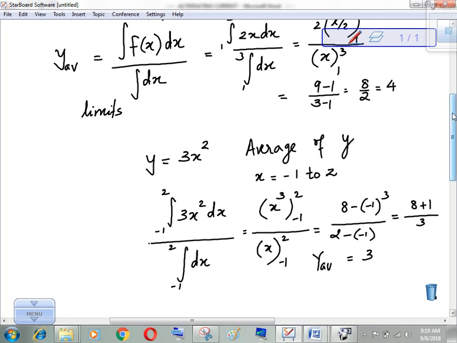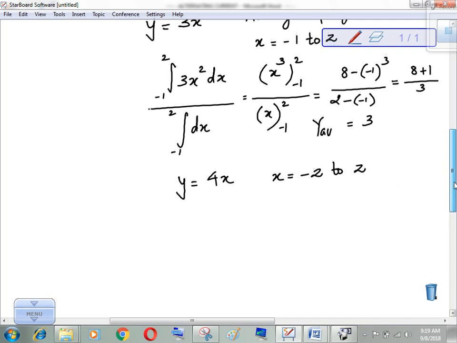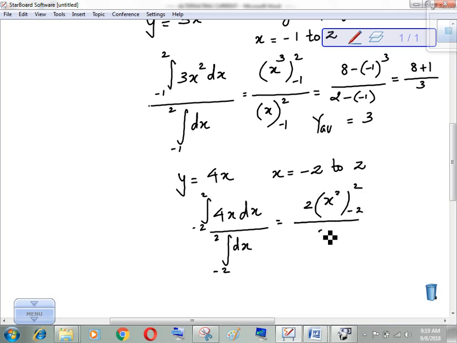One more example I'll take. Average value of y for x minus 2 to plus 2. So I'll write 4x dx, to x square upon x.